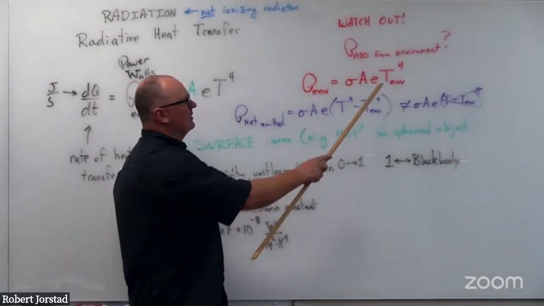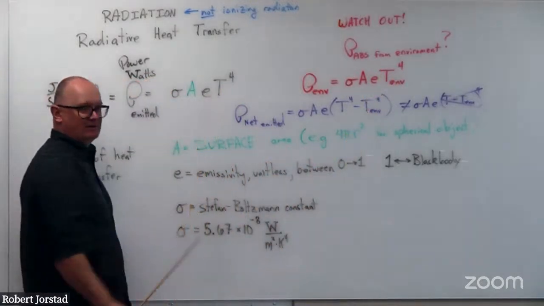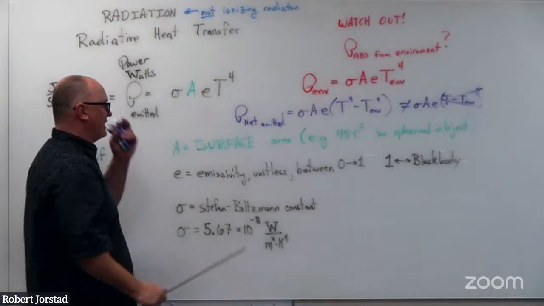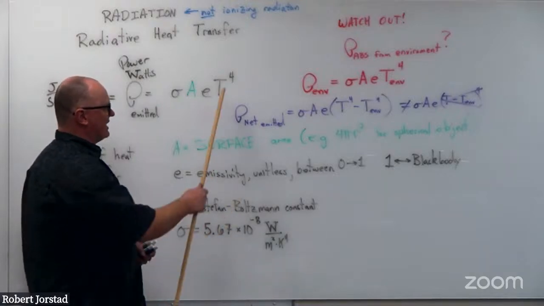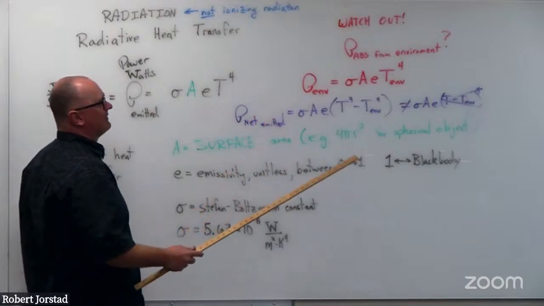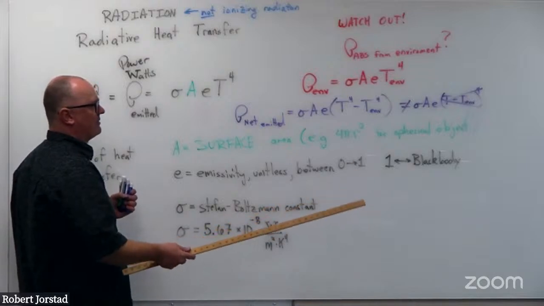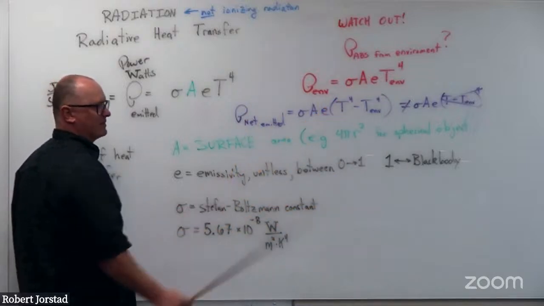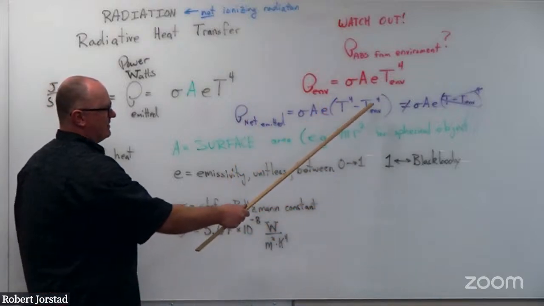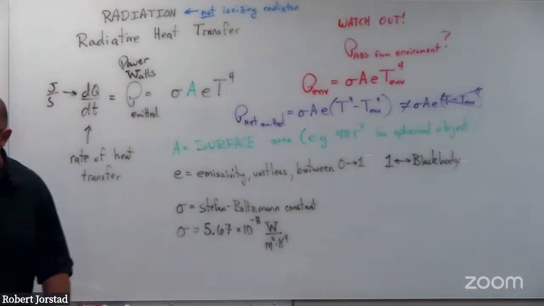So 0 Kelvin versus 5,000 Kelvin or something like that, or 6,000, whatever it is, 5,800, I think. In any event, a lot of times in space or astronomical problems, you'll ignore this because the temperature of space is negligible, especially once you raise it to the fourth power. We'll do some worked examples. That's enough on that.